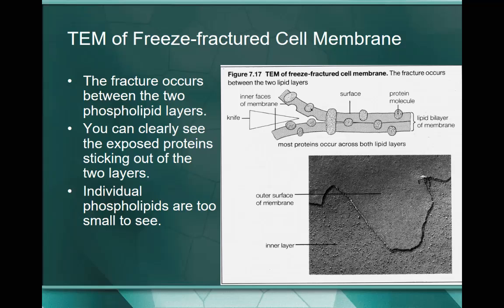When it cracked, you can see under the electron microscope the two different surfaces, one inner layer and one outer layer of the membrane. All those little bumps, those little circles, are each different types of proteins. You still can't see the phospholipids themselves.